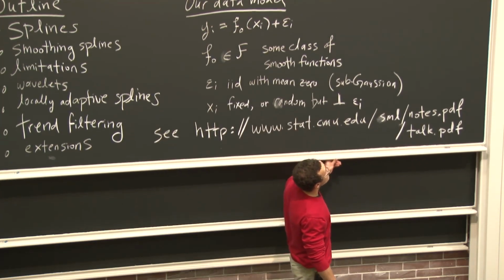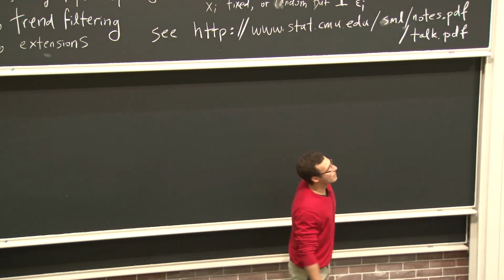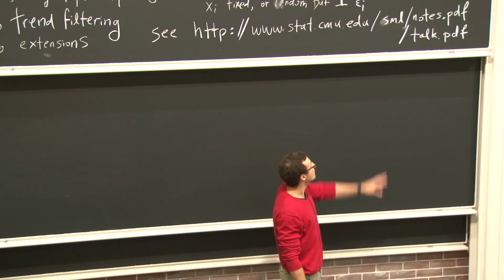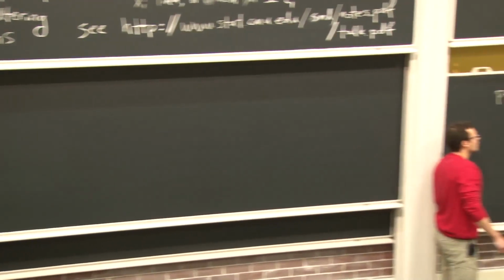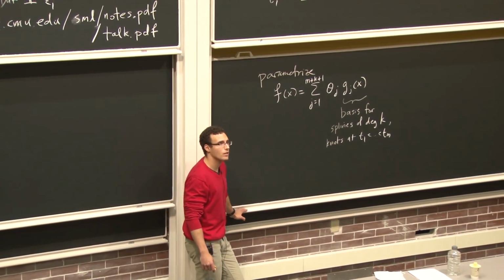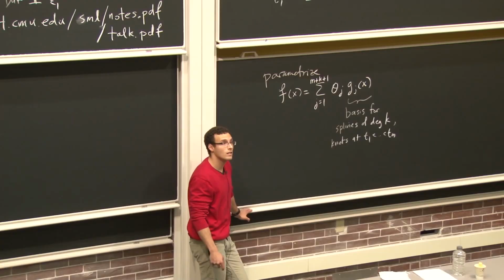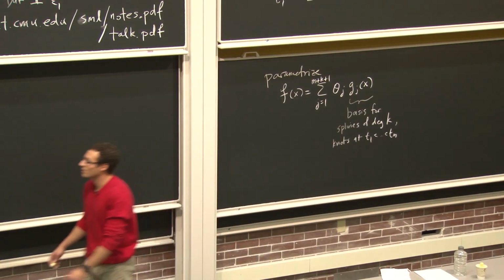Okay, so like I said, anything that you see and didn't manage to write down or didn't manage to fully digest, you can certainly take a look at those two links. So, okay, so the question was, why do I only have to write down m plus k plus 1 functions? I think you're missing something between this and... Oh, yes. Thank you, Jisoo.